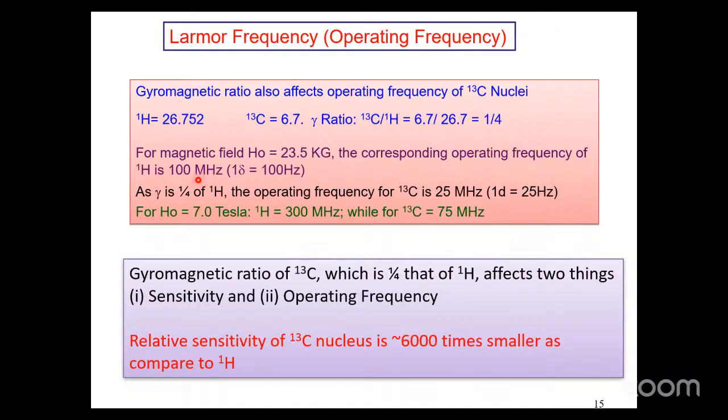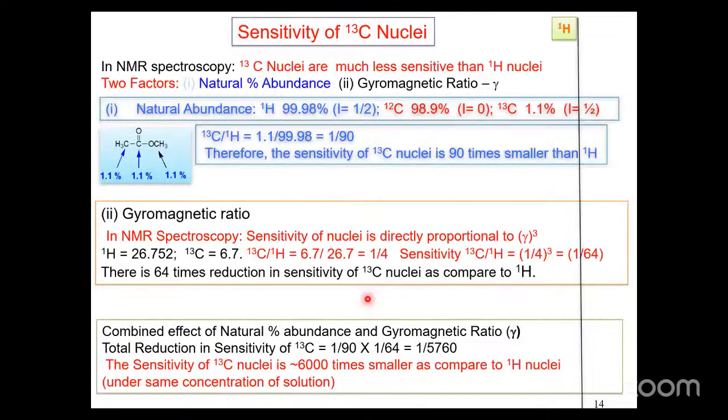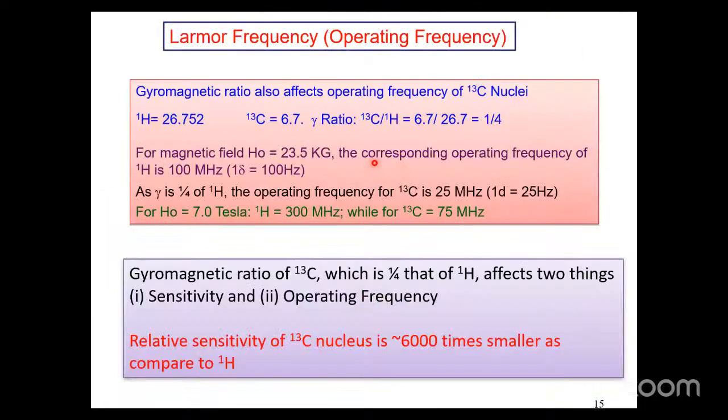You just fill gamma and H0, which we know, into the equation and you will get this number. For carbon-13, gamma is 6.7. You fill in the same equation and you will get 25.